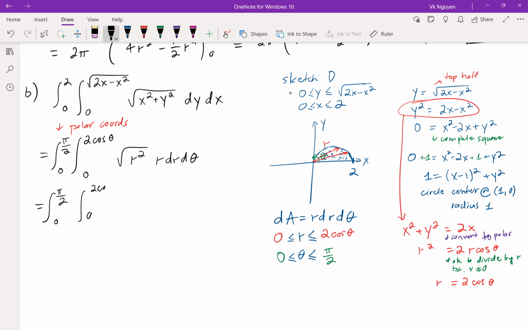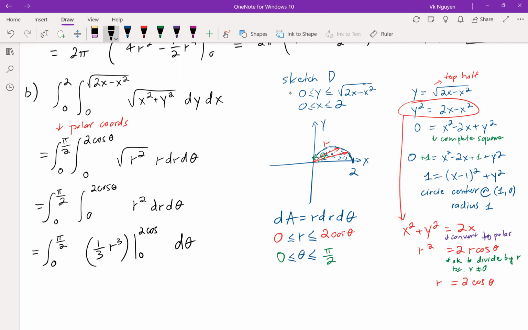A little bit crazy on the trick here, but from 0 to pi over 2, this is going to be 1 over 3 times r cubed from 0 to 2 cosine theta, d theta.